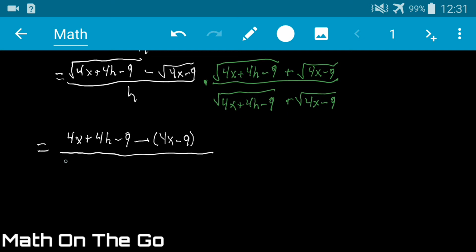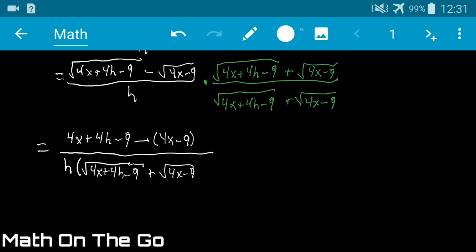Then on the bottom, we still have our h times what we have in the denominator. So we have the square root of 4x plus 4h minus 9 plus the square root of 4x minus 9.